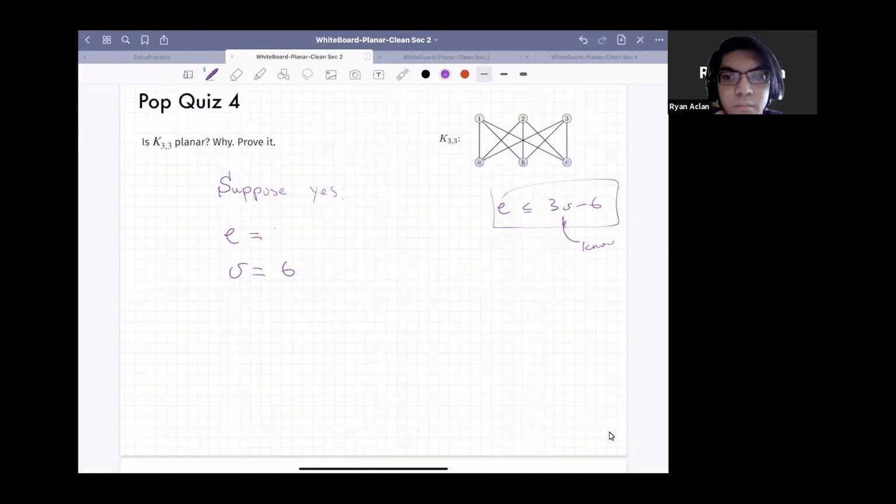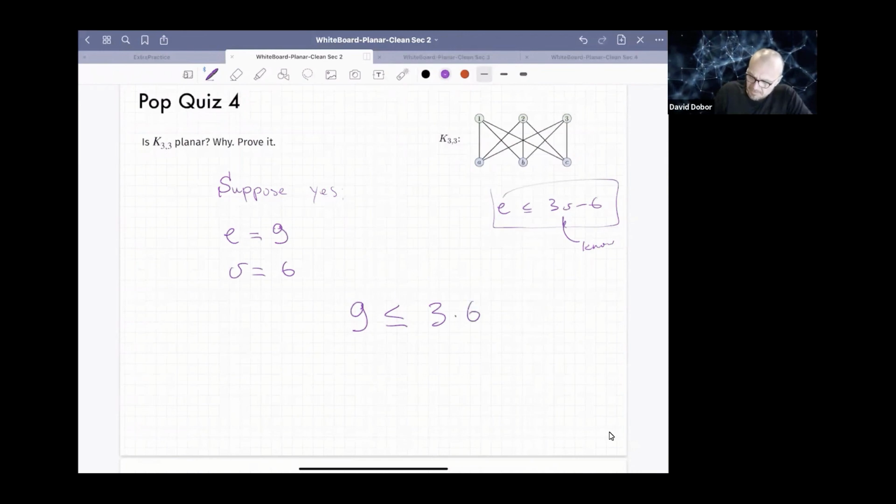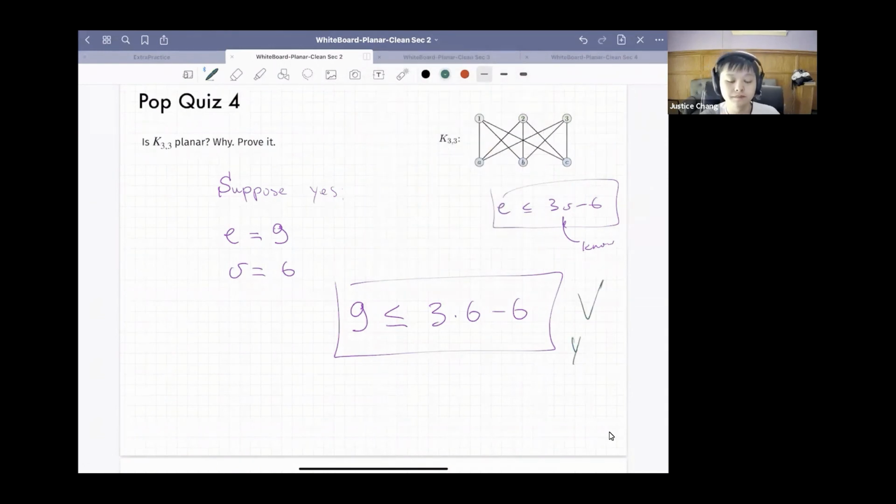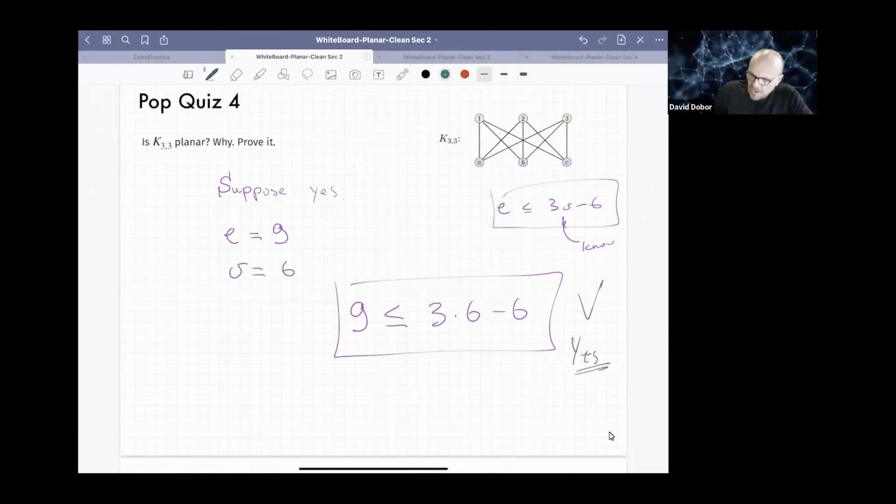I have 3 times 3 edges, 9. So is 9 less than or equal to 3 times 6 minus 6? Yes, it's perfectly fine. Can I conclude that this graph is planar or not planar? This is something we must grok and then we're done.